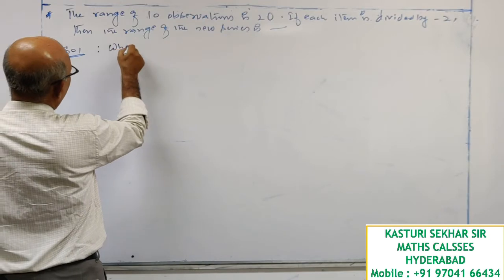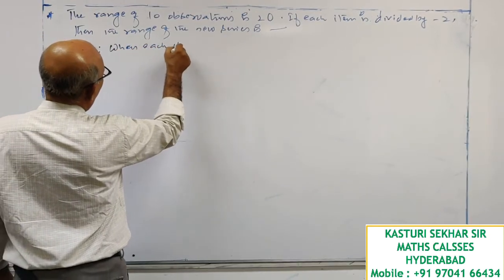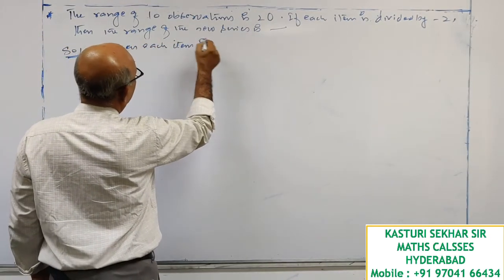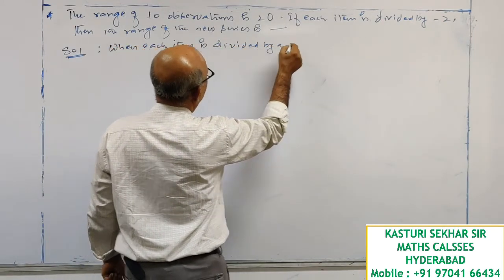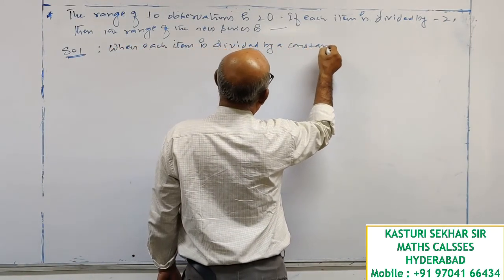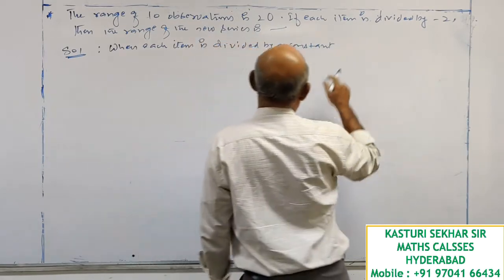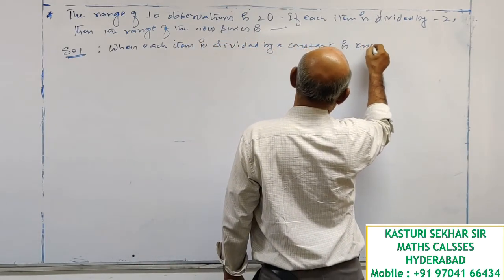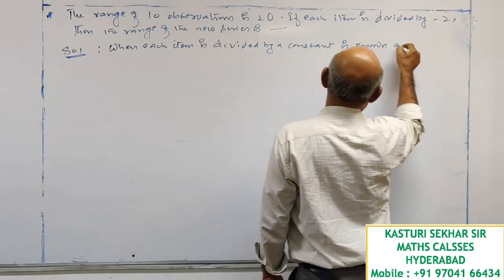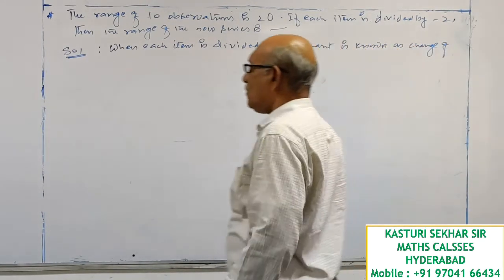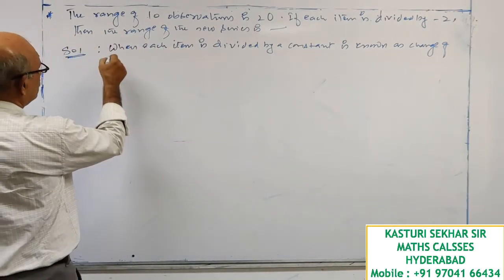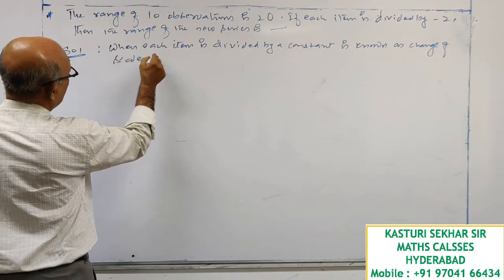Now look at this, sir. When each item is divided by a constant, it is known as change of scale.